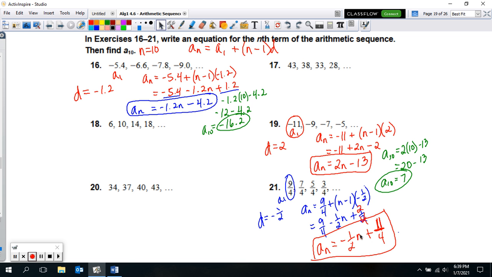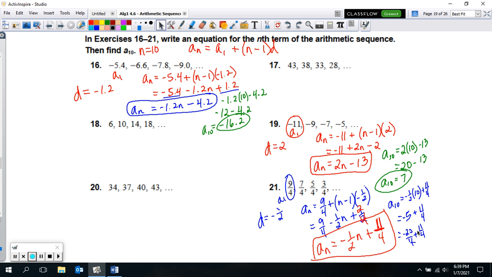And then we're just going to plug in 10. So if we plug in 10 for n, half of 10 is 5, but it's negative 5. That's a negative times a positive. So we're going to see negative half times 10 is negative 5, and then plus 11/4. And so we can change negative 5 into negative 20/4.